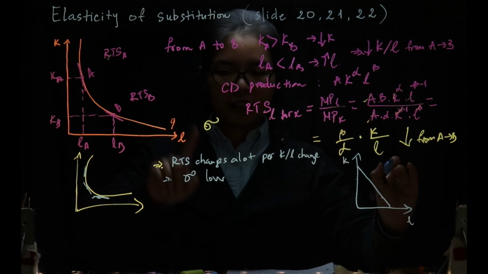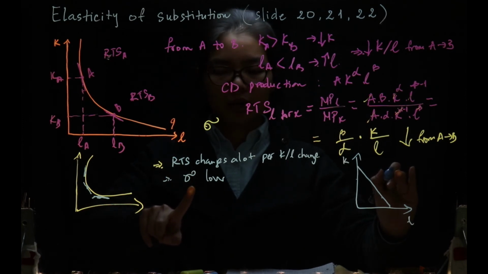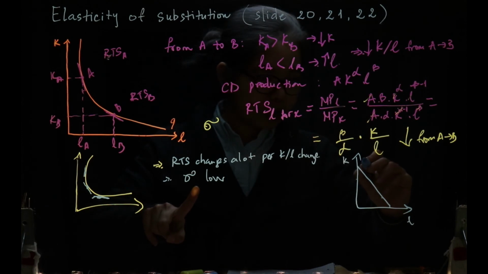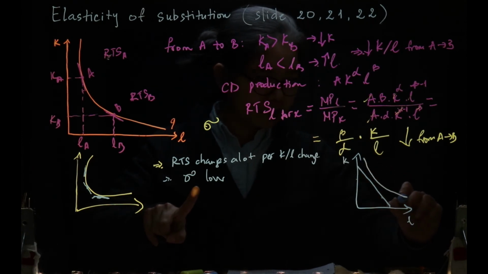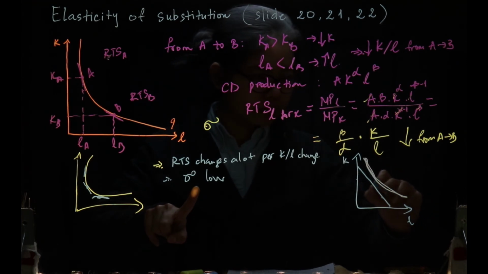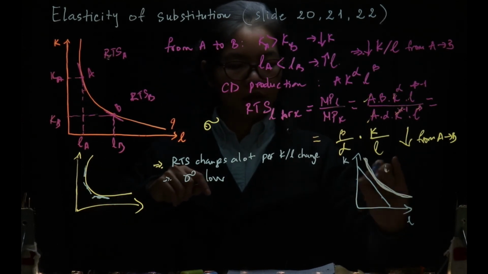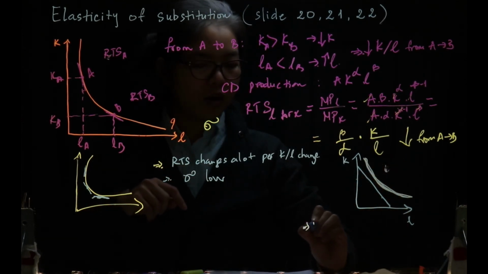So in this case, the sigma will be very high, right? And one less extreme case is a very flat isoquant. It's like this, much flatter than here.